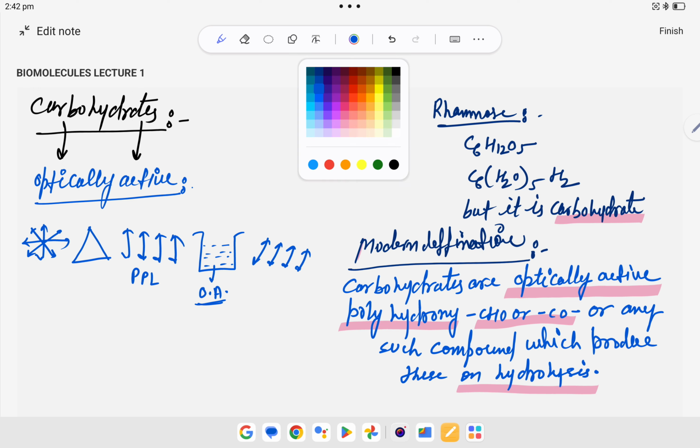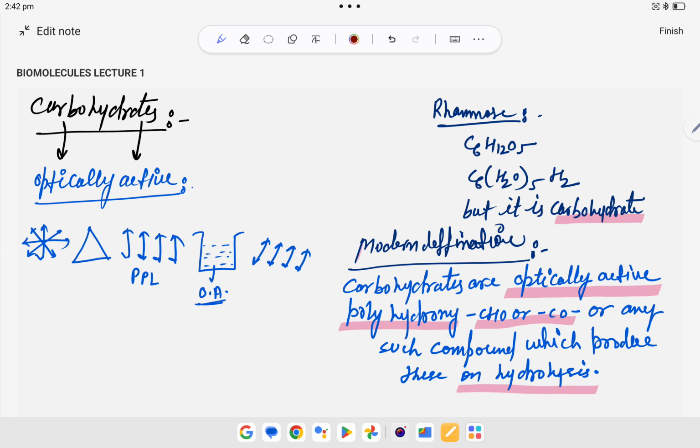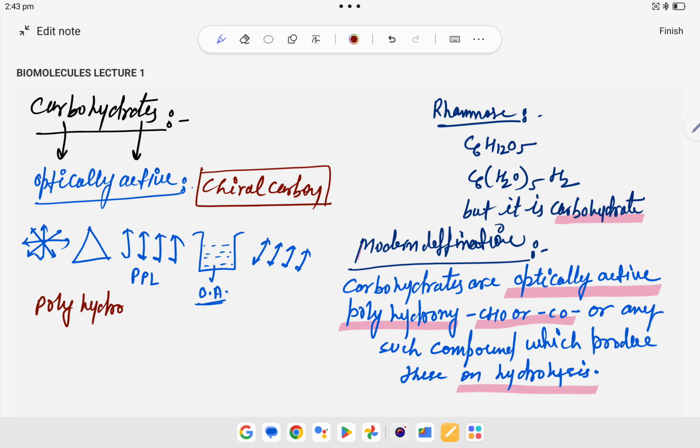Generally, you can say a substance which has a chiral carbon. Second thing, polyhydroxy. Poly means many.